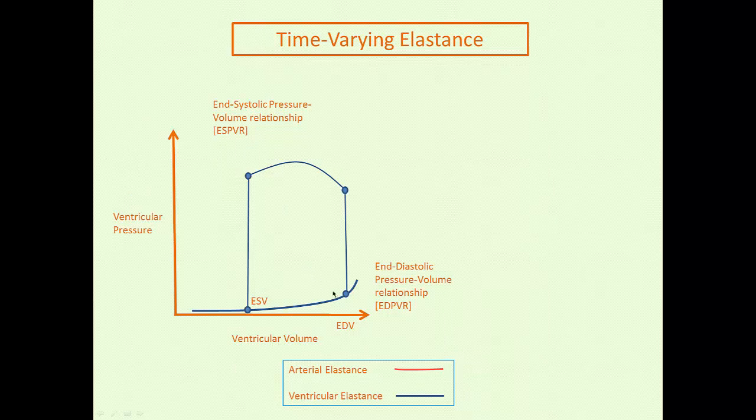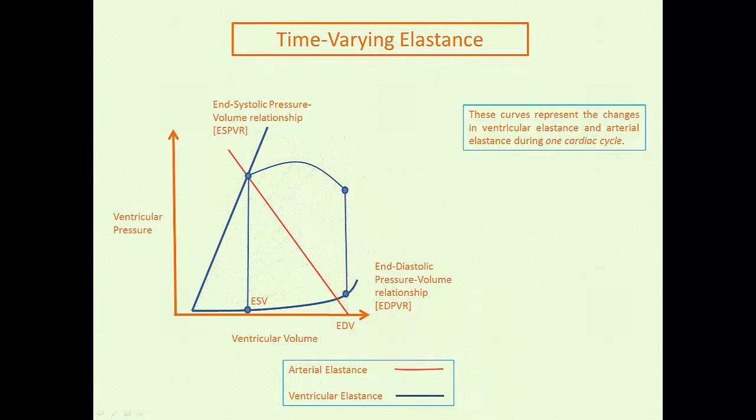So the red will be arterial elastance, the blue is ventricular elastance. This is the cardiac cycle that we've talked about. So watch this. This is the change in ventricular elastance and arterial elastance during only one cardiac cycle. So that was a single beat.